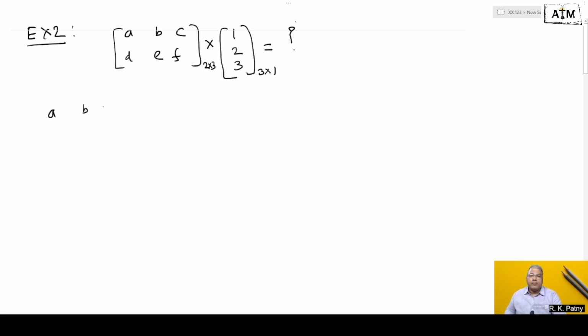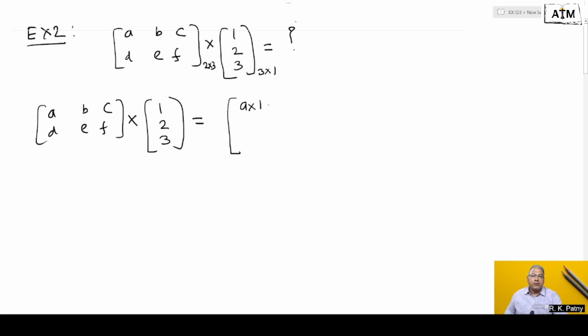So A, B, C, D, E, F multiplied to 1, 2, 3 equals to A into 1 plus B into 2 plus C into 3, D into 1 plus E into 2 plus F into 3.